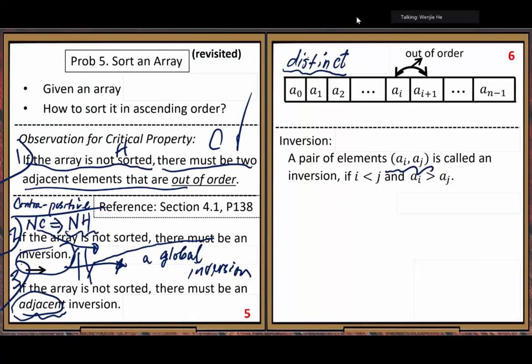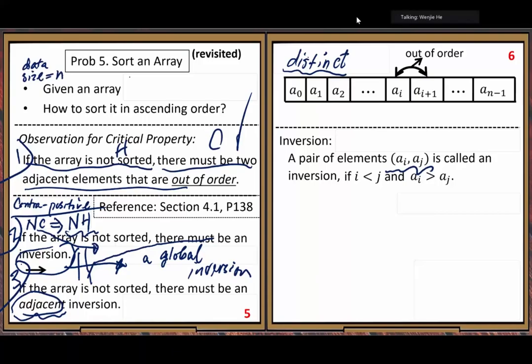Let me ask you, before we continue, how many global inversions are there? Given n elements, so we know the data size equals n.